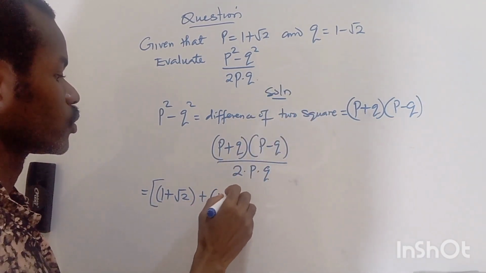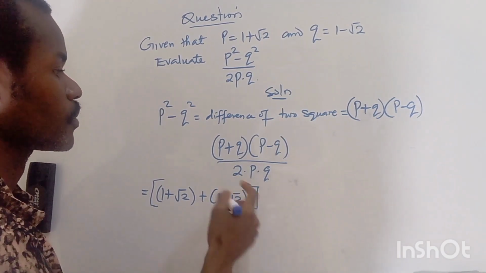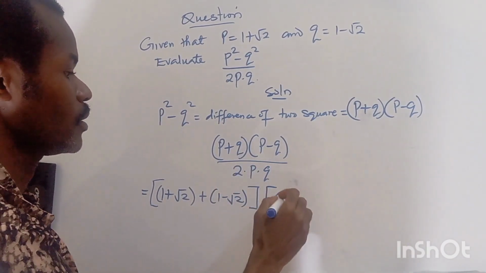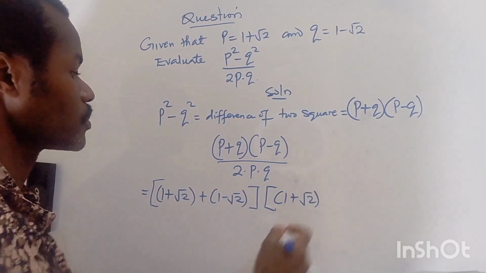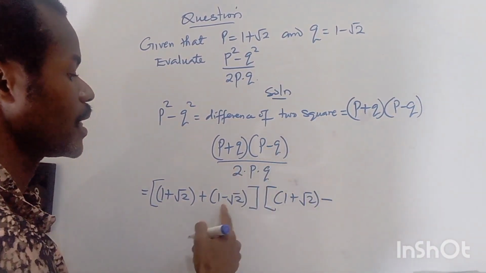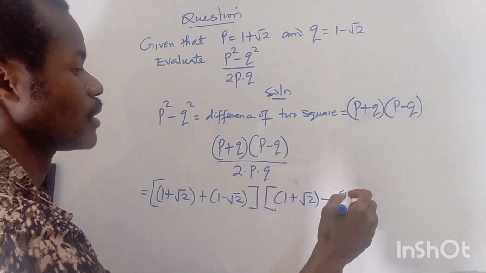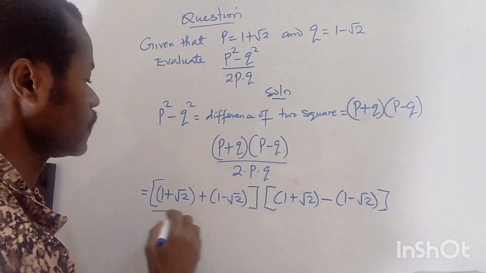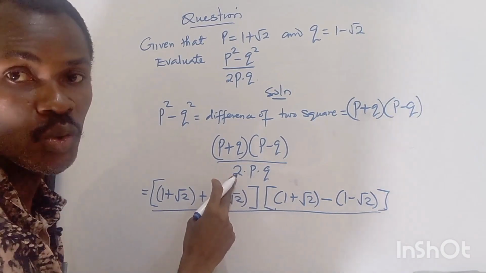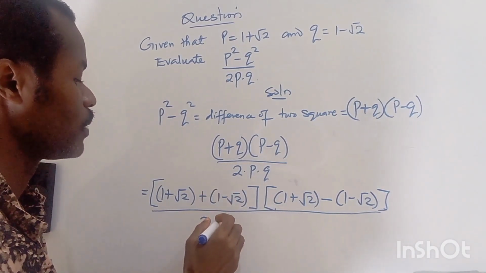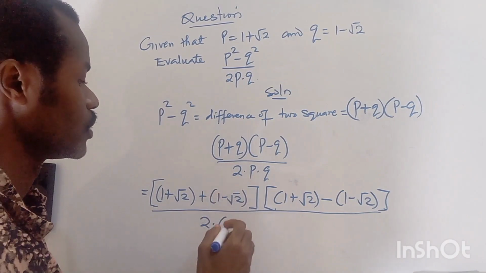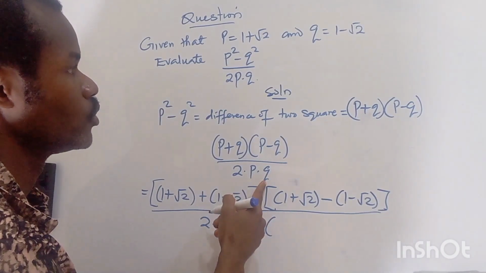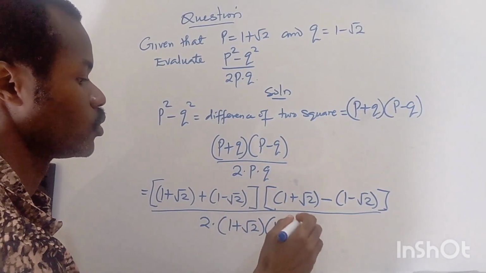All these multiply by p, which is 1 plus root 2, now minus our q, 1 minus root 2. All these divide by 2, multiplied by p, which is 1 plus root 2, into q, which is 1 minus root 2.